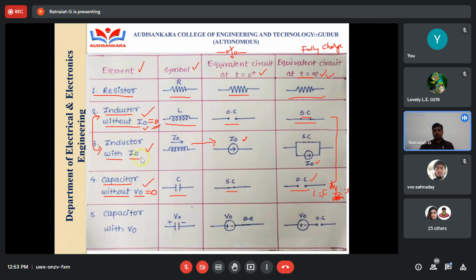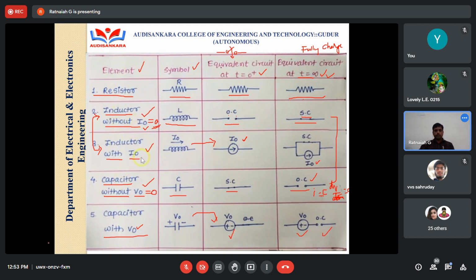If we consider it with voltage, let's say the initial voltage in the capacitor is V naught, at that time the capacitor can be replaced by the voltage source V naught, and in steady state the capacitor can be replaced by V naught with an open circuit.